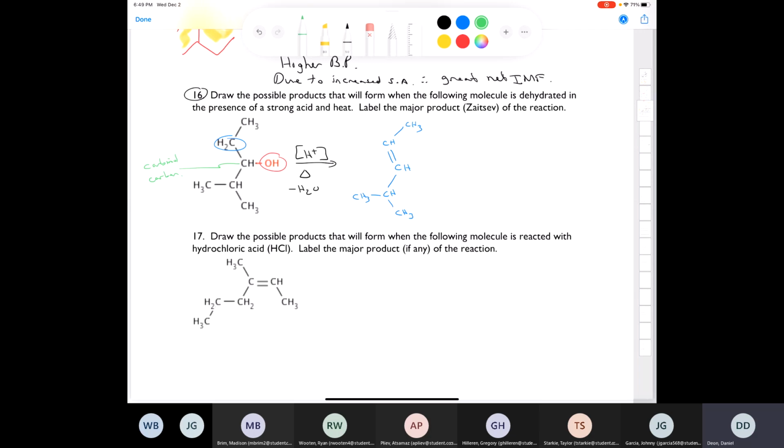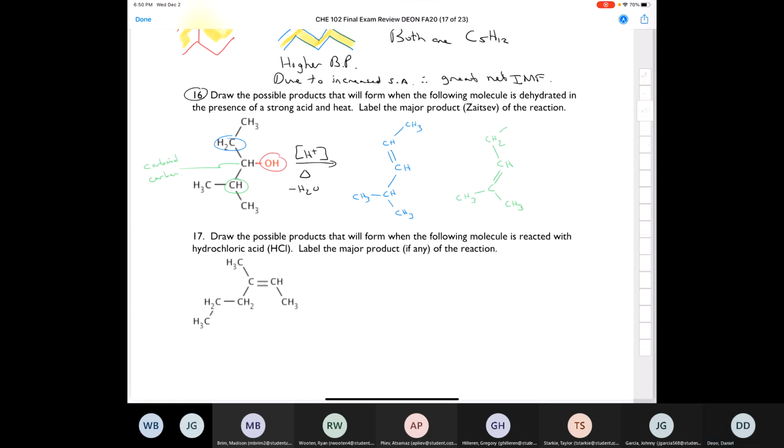If I pull it from here, from that carbon, what am I going to have? I'm going to have a double bond. It's going to have these two methyls directly attached to it, CH2 and CH3. So I got two products written here.